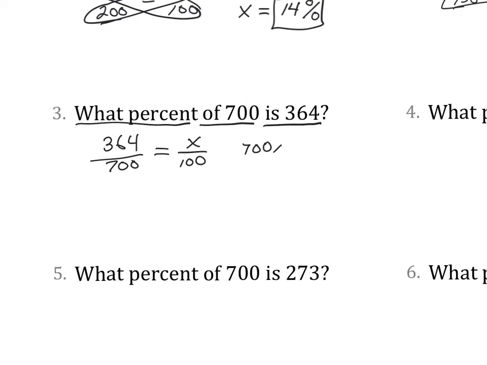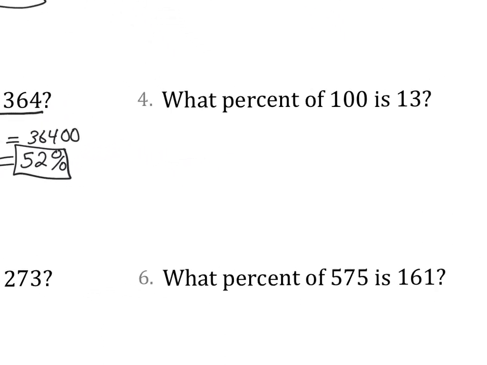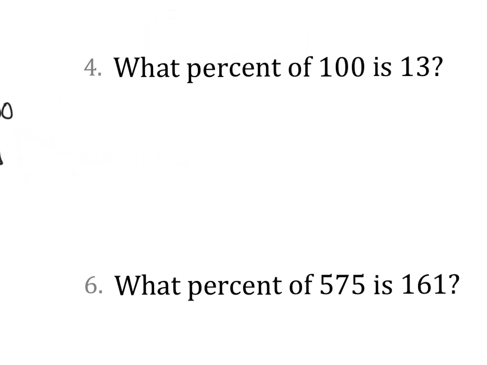So 700x is equal to 364 and 2 zeros. 364 divided by 700, excuse me, 36400 divided by 700 is equal to 52. So again, remember your last step is always just to divide. So setting up the fractions is critical. If you follow the is over of equals percent over 100, every one of these is the same.